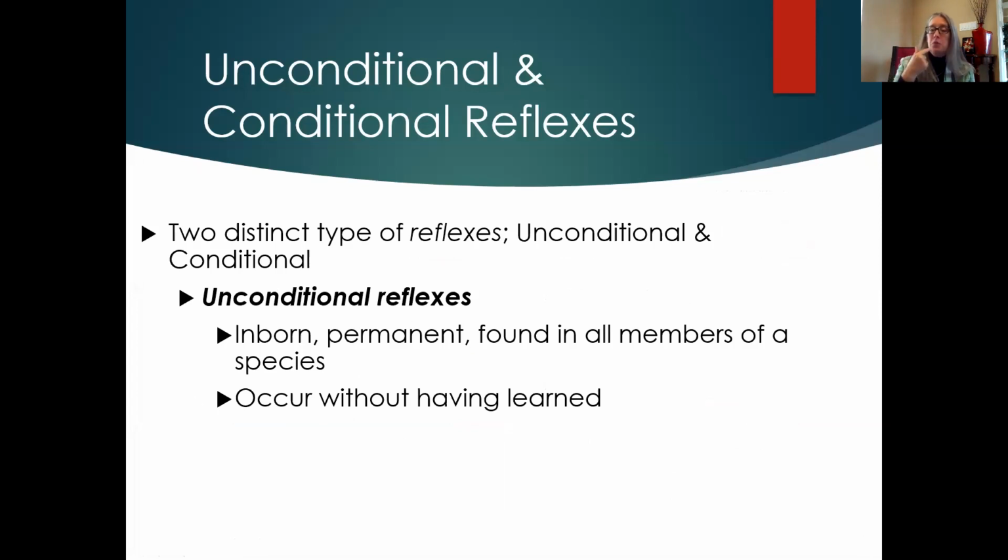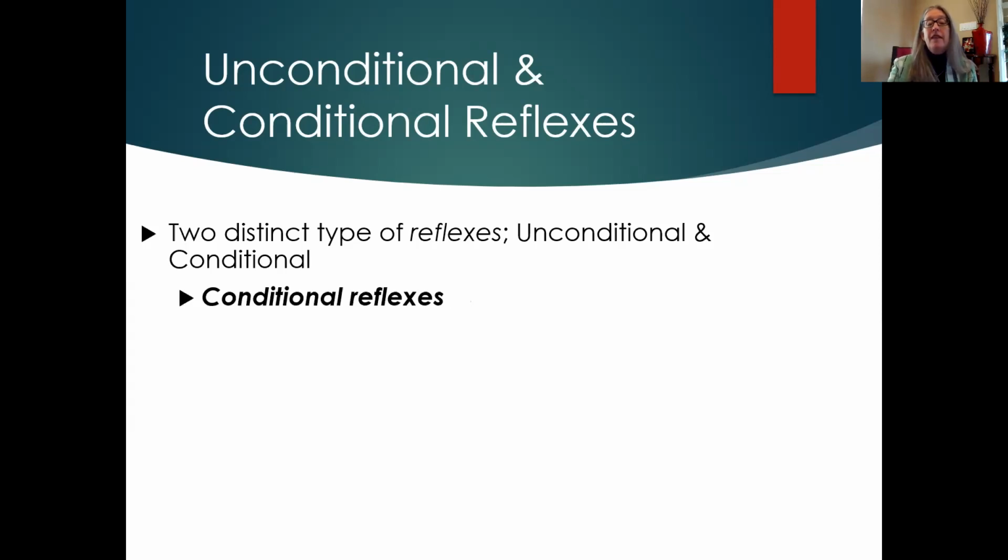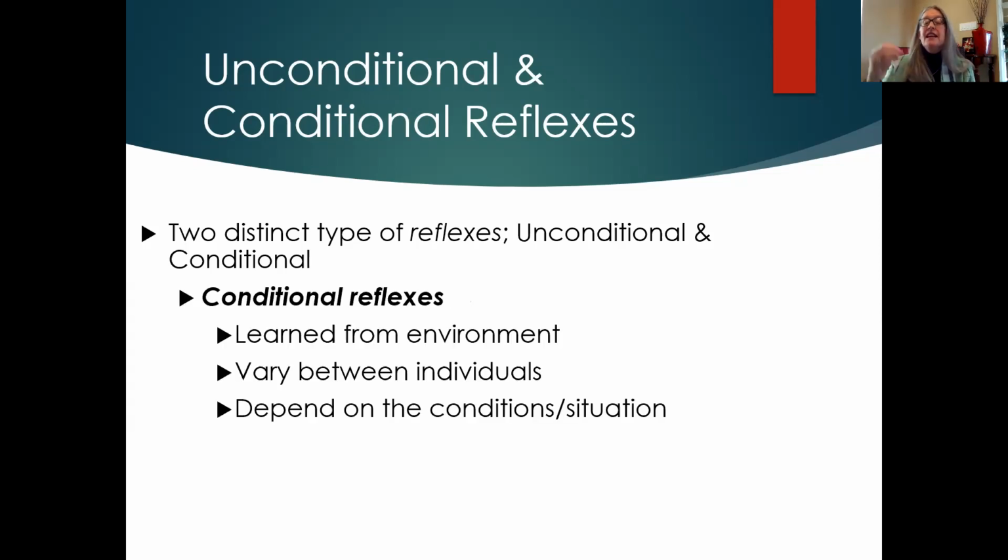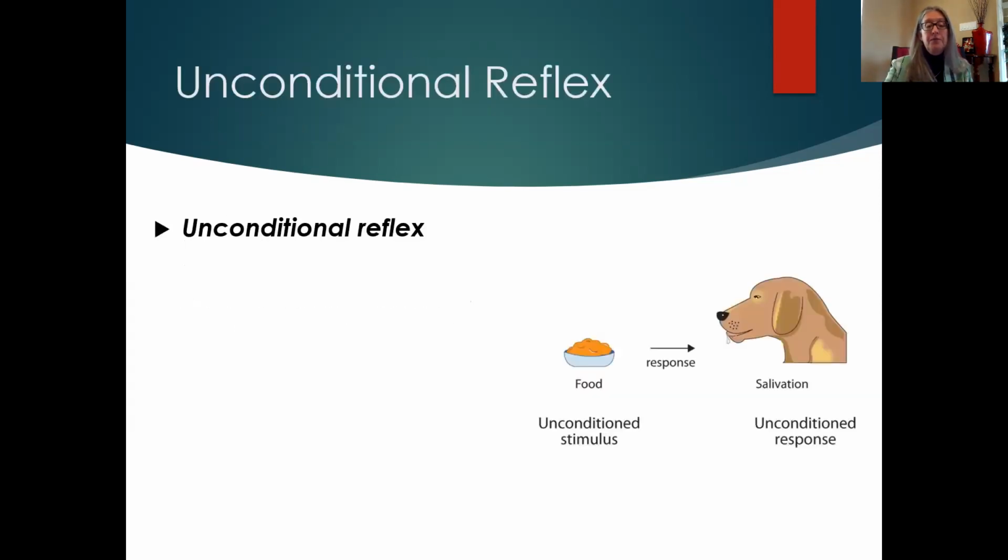Or if I feed you poisonous food, you're going to vomit. We also have the conditional reflexes. These are our CRs. These are the responses that we're learning from the environment. And they vary between individuals, and they depend on the conditions in the situation and what you've learned in the past, what pairings have occurred for you.